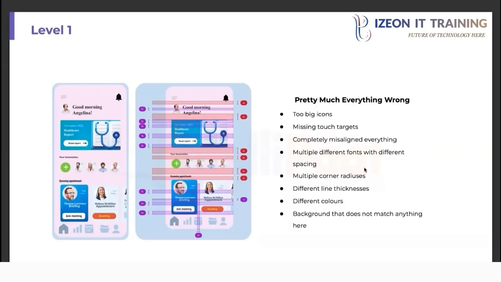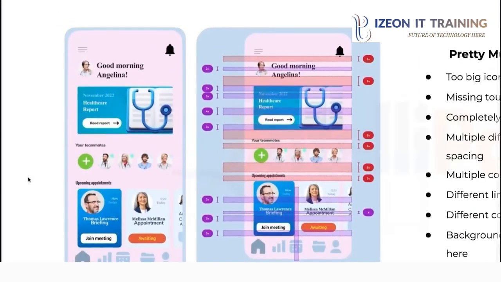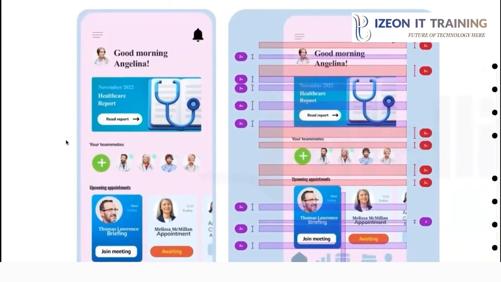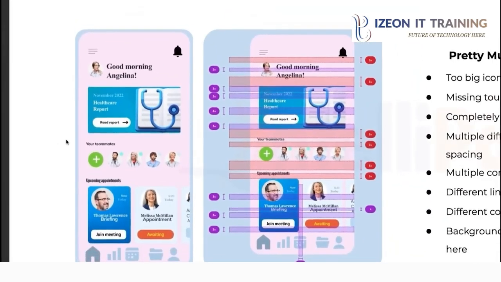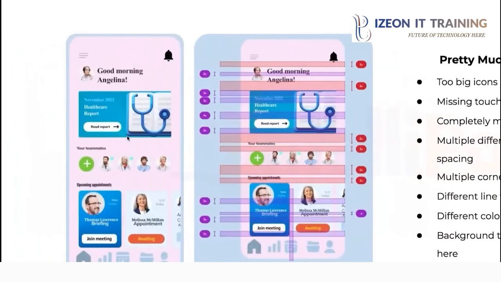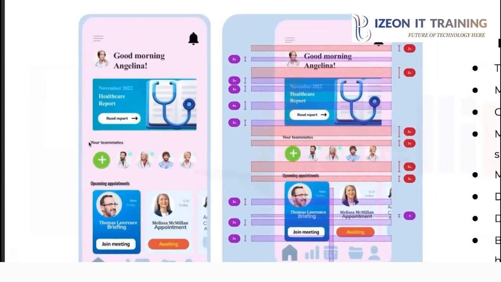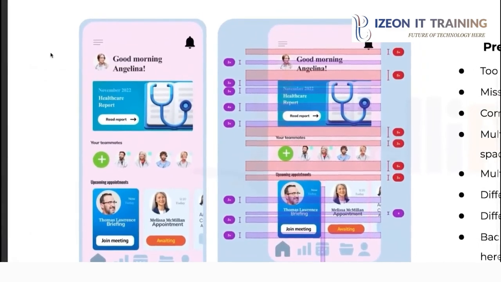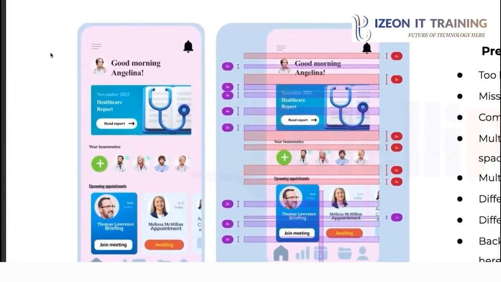Okay, so let's identify the skill levels. Let's say this is a level 1 design. If you see this particular design, there are all kinds of problems with it, but we'll just try to find them on our own. This is a level 1 designer who has submitted the designs.